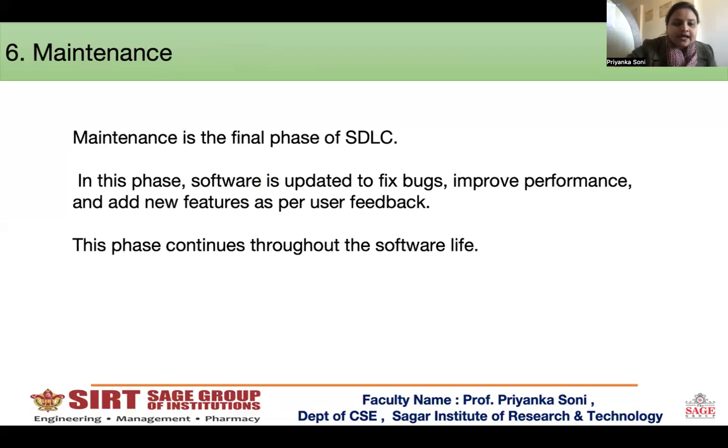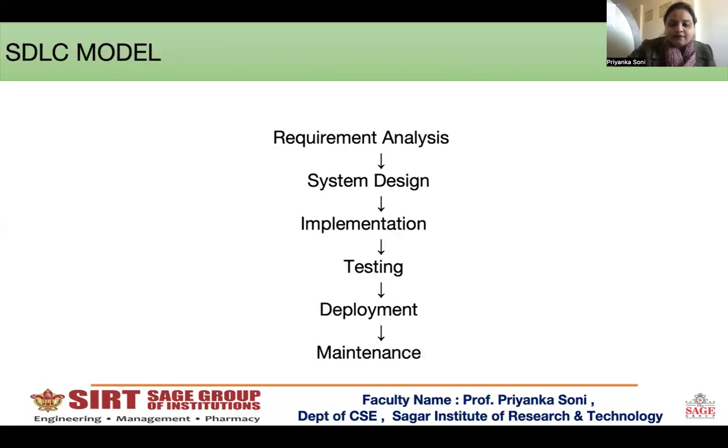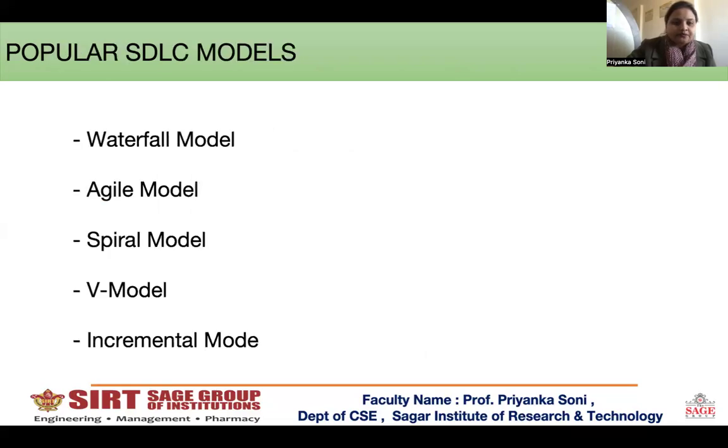In maintenance, software is updated to fix bugs, improve performance, and add new features. That is the flow of the SDLC model: we start from requirement analysis, then system design, then implementation, then testing, then deployment, and then maintenance.